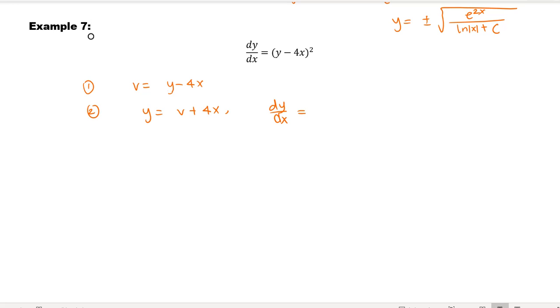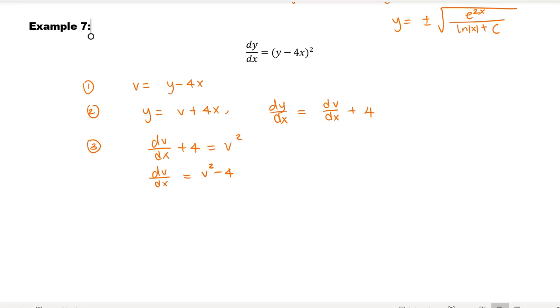And what is dy/dx? It is dv/dx plus the derivative of 4x, which is 4. Now we can plug in to get an ODE about v. On the left-hand side, it becomes dv/dx plus 4. On the right-hand side, this is v squared. So dv/dx equals v squared minus 4.